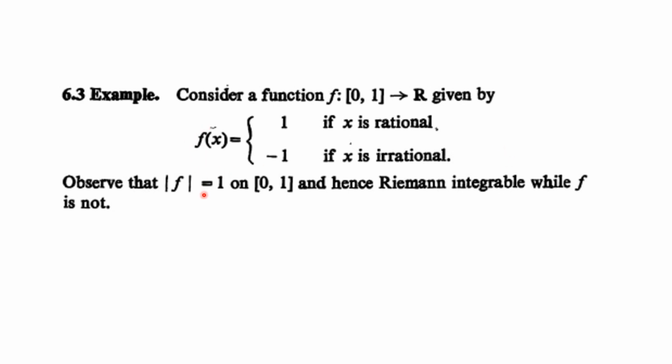And mod of f attains the value 1 into the measure of this, which is 1, right? So this function is Lebesgue integrable, and mod of f is also Lebesgue integrable. However, in the case of the Riemann integral, f is not Riemann integrable, but mod of f is Riemann integrable.